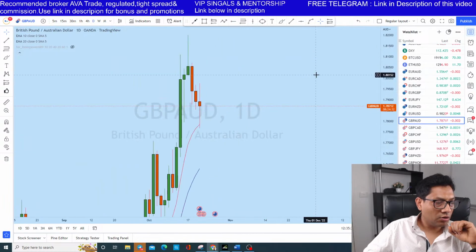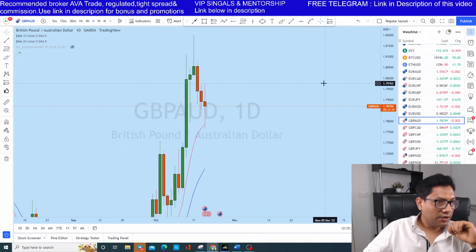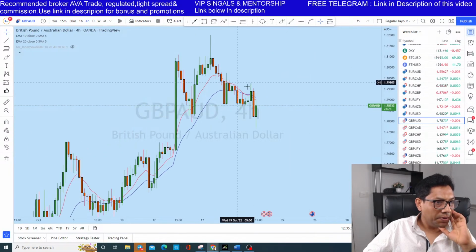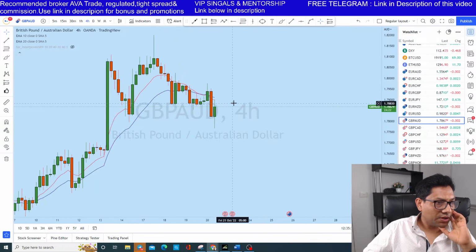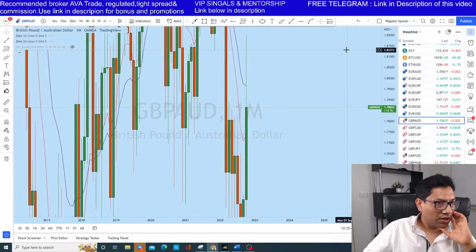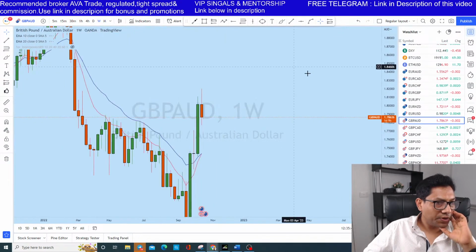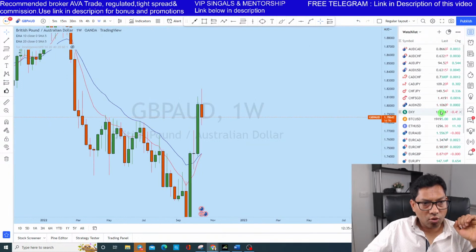What do you see there on GBP AUD as well? Let me look at all those pairs. You see GBP AUD below this level of previous support, which is acting as resistance. Looking at the monthly, I'm just looking at all those pairs because the candle close is coming.